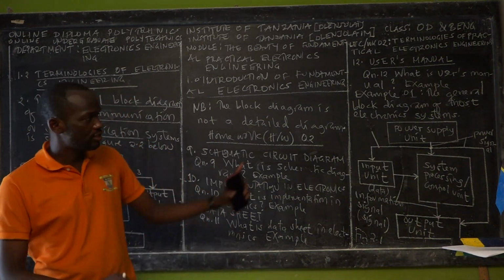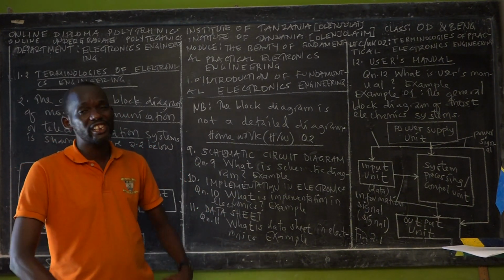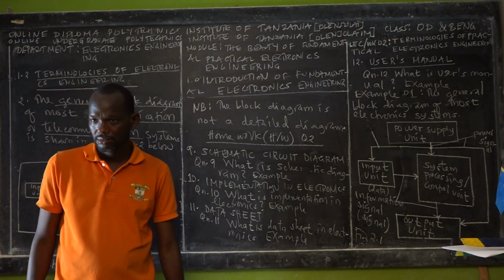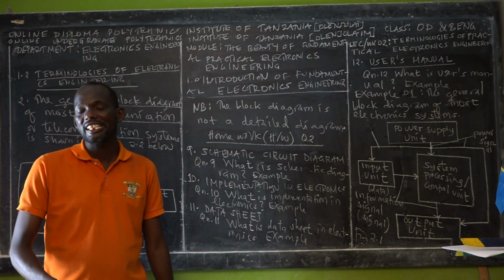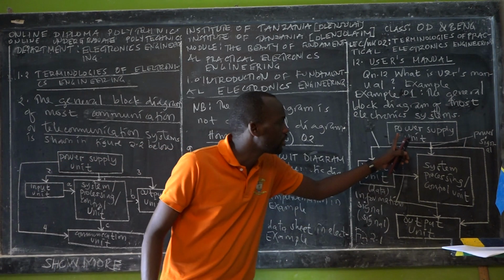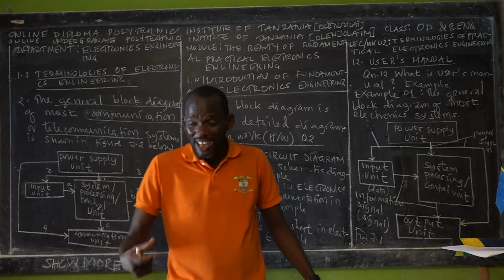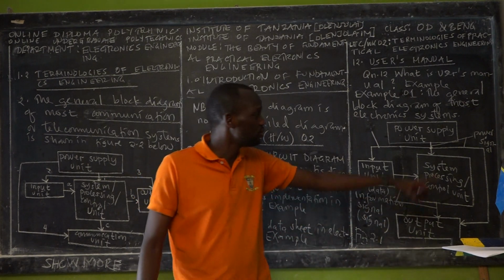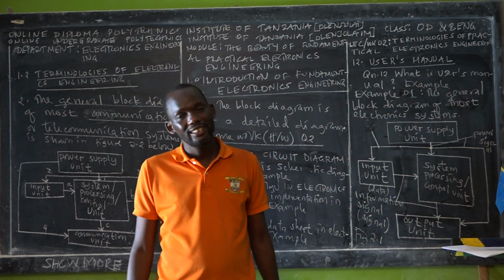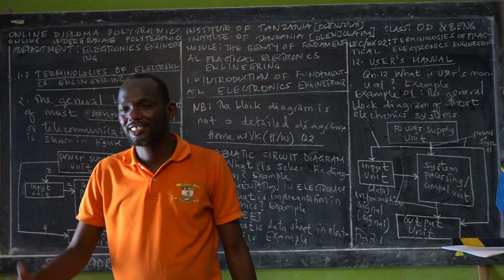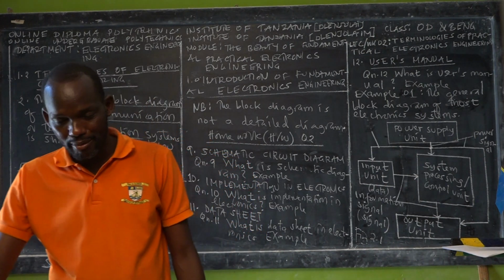Then, once you understand the big picture, you can go to the schematic diagram. A schematic diagram is a detail, for example, what are the components of this power supply unit? But once you go to the schematic diagrams and you don't know the big picture, you are actually just passing through it as a magazine. Have you ever read a magazine?